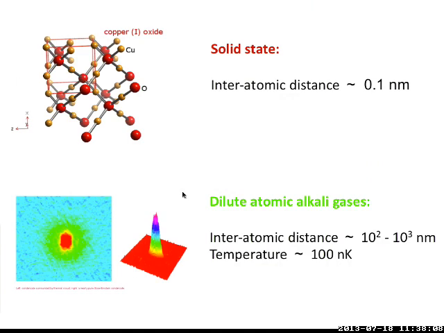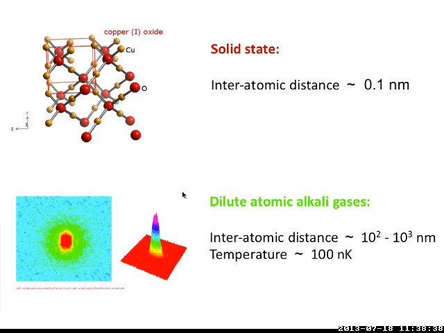Just to give you an idea, you might have a solid like this, and you know that in a solid, the typical distance between atoms is 0.1 nanometer. What we would like to do is to use instead dilute atomic gases to emulate the behavior of this system, which might look strange because in these systems we have much lower densities.